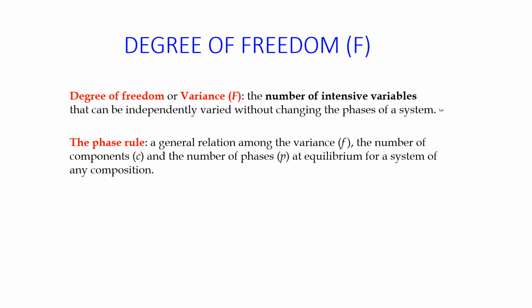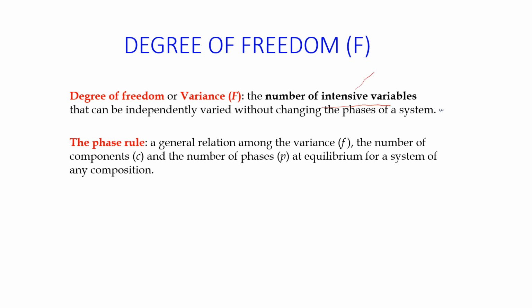Okay, now let's take a look at the degree of freedom, symbolized as F. So what does it mean by degree of freedom, also called variance? This degree of freedom is defined as the number of intensive variables that can be independently varied without changing the phases of a system.